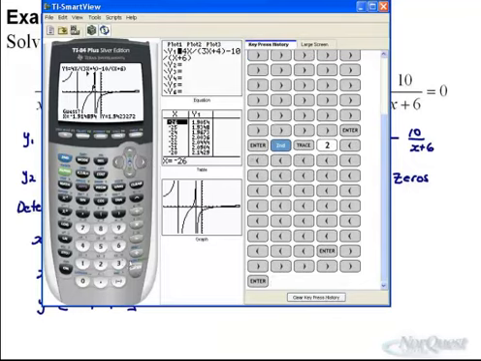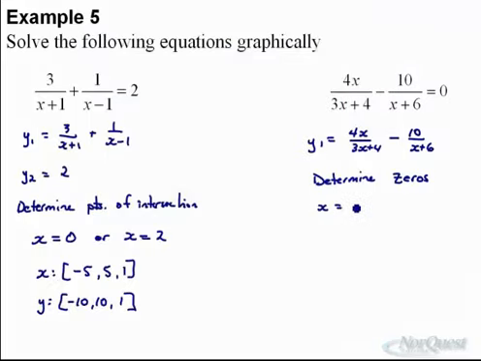Enter. Guess, hit enter one more time, and we get -2.5. So the 2 zeros in this case are -2.5 and 4. You get rid of the graph. x equals -2.5 or x equals 4.